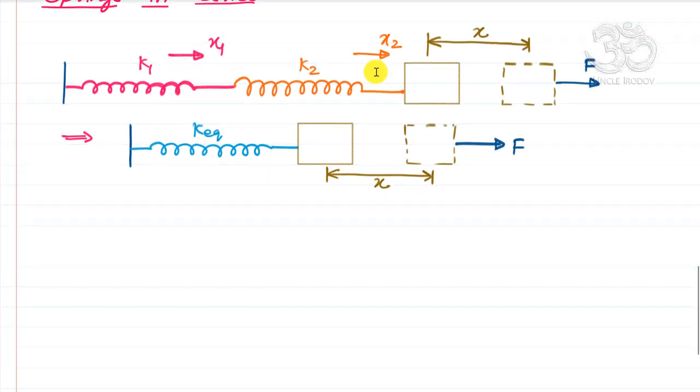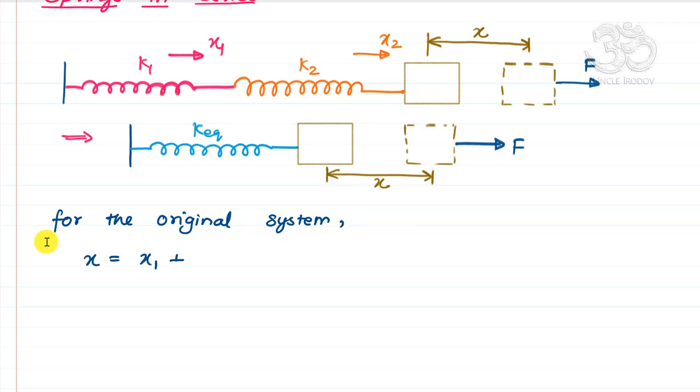Such that for the original system, one of the equations is x is equal to x1 plus x2. Let's write that as equation number 1.